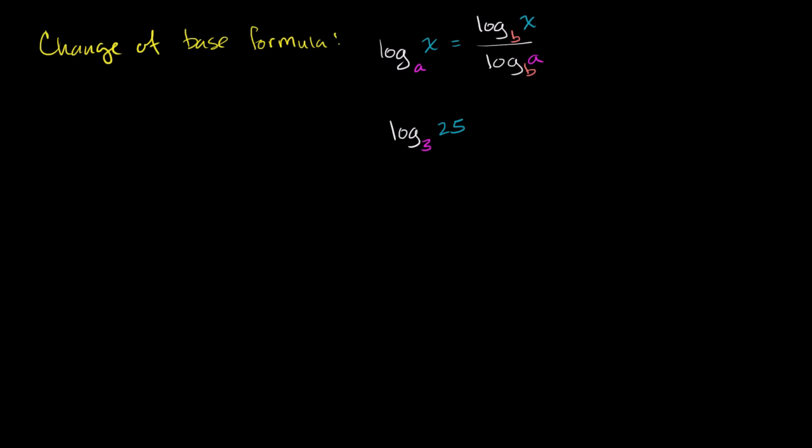So this is going to be equal to log base 10 of 25, and most calculators have a button for that, divided by log base 10 of 3. So this is an application of the change of base formula. But let's actually prove it.